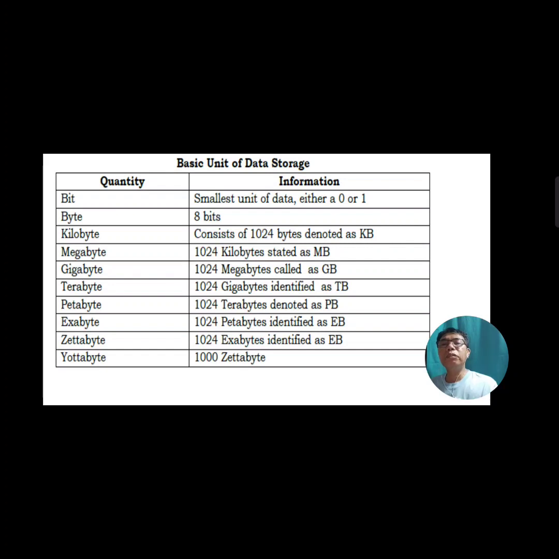Gigabyte, 1024 megabytes, called GB. Terabyte or TB. Petabyte or PB. Exabyte or EB. Zettabyte or ZB, I think, correction. Then yottabyte or 1000 zettabytes.